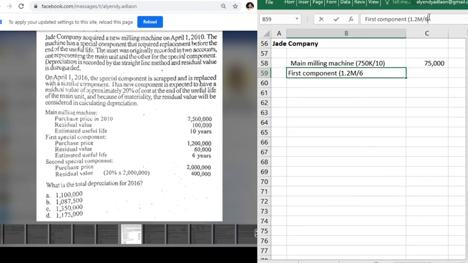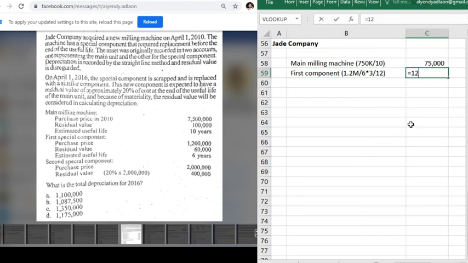So how many months was this component used during 2016? Since we disposed it on April 1, it was used from January 1 to March 31, that is 3 months. So we multiply by 3 over 12 as the fraction for our depreciation. So we have 1,200,000 divided by 6 multiplied by 3 over 12. So we have 50,000 pesos for the first component.